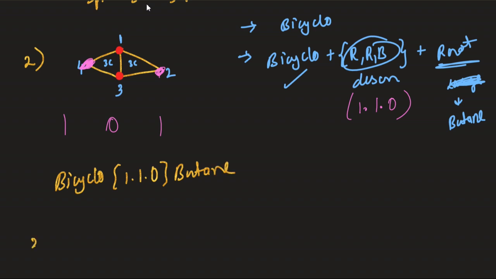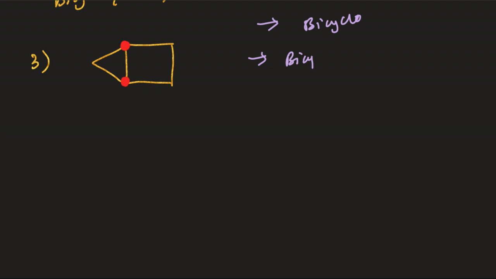Next, third example. Right? Again, there are a total of 2 common points, so hence the compound is what? A bicyclo compound. How to write the IUPAC name for bicyclo? Bicyclo plus bracket plus root word. So while writing the root word, always start from what?